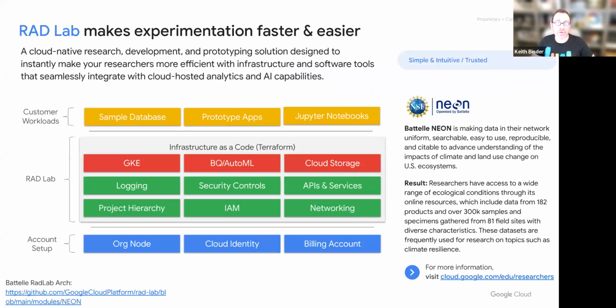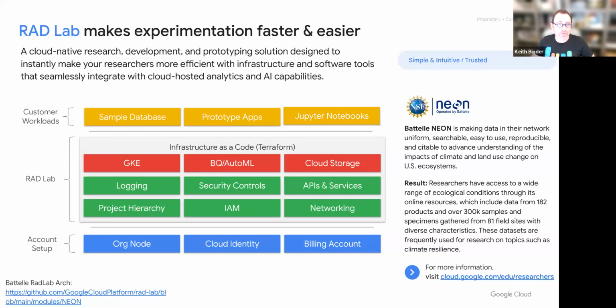And to give you an example of some of the power of RadLab, we had a team that worked with Battelle Neon, who had a challenge in that they were creating these data sets that frankly were not being consumed. And when they did some investigation on why they weren't being consumed, what they found is the public didn't know how to interact with those data sets. So we worked with Battelle Neon, and they formed what we call a RadLab module.